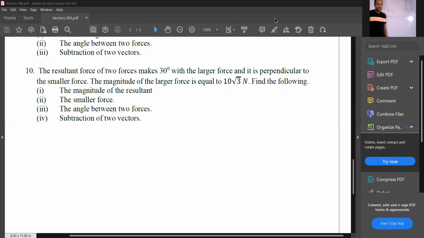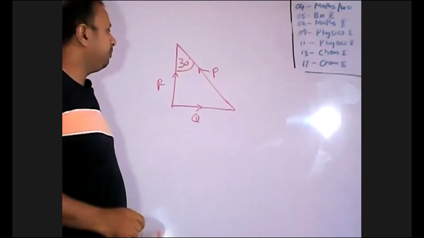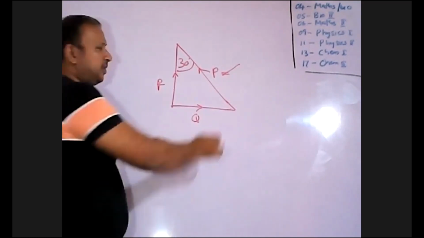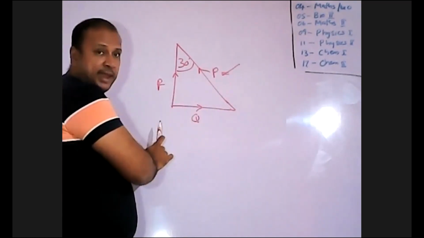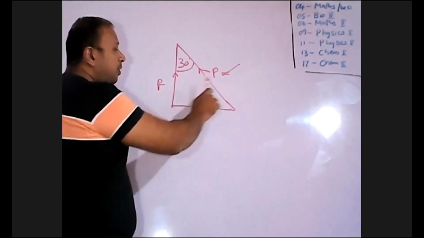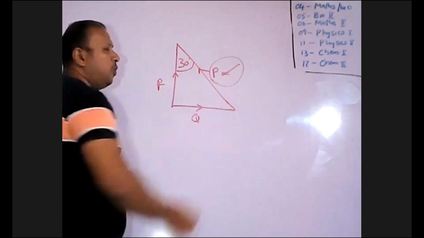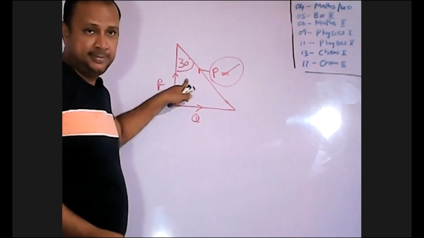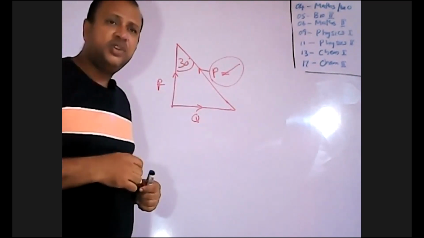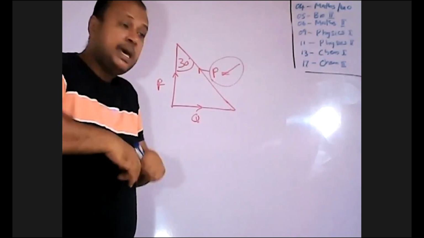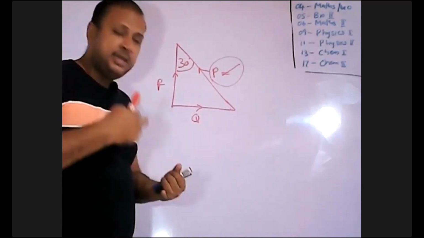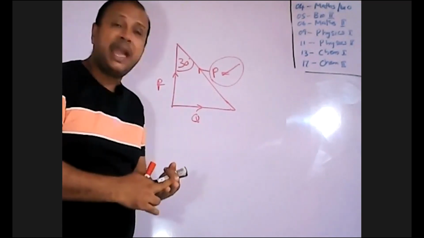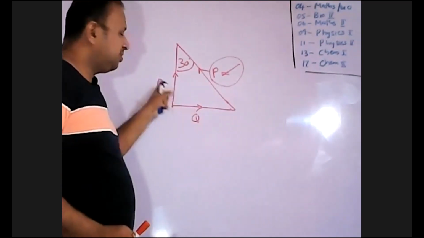And we are given the magnitude of the larger force. That means we are given P. If we know one side of a triangle and an angle, then I can use trigonometric definitions, that means the definitions of sine, cos and tan, to find these.